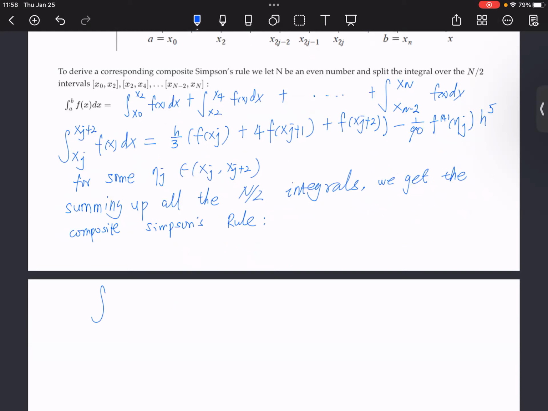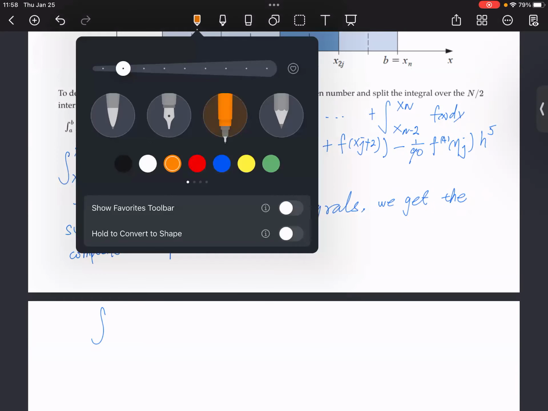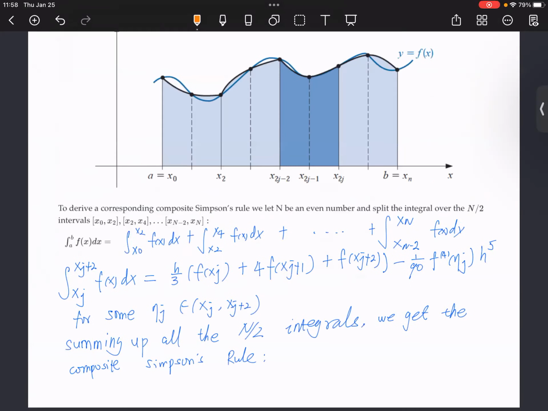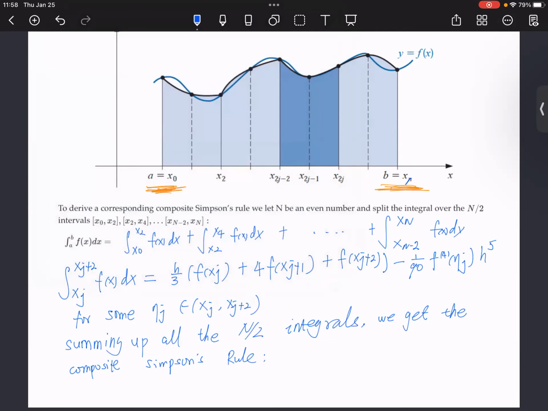Simpson's rule looks like this. We are doing the integral from a to b, but we have the first point a, and we give it as x0, and then for the last one, this is x capital N, the xn node point.